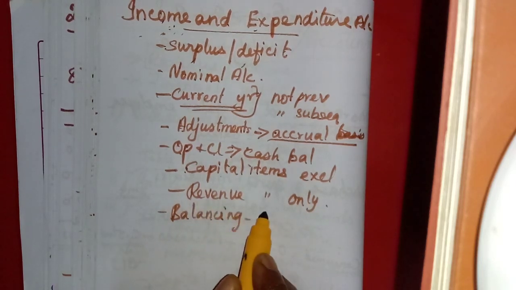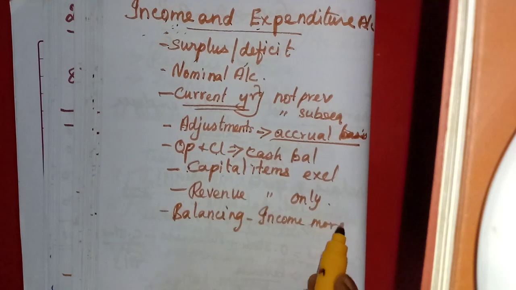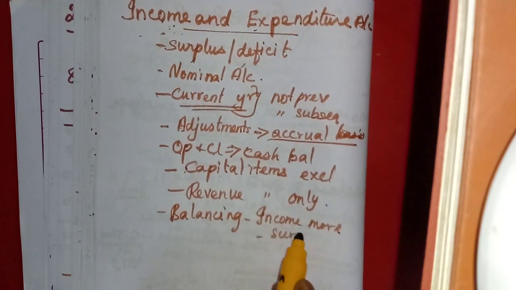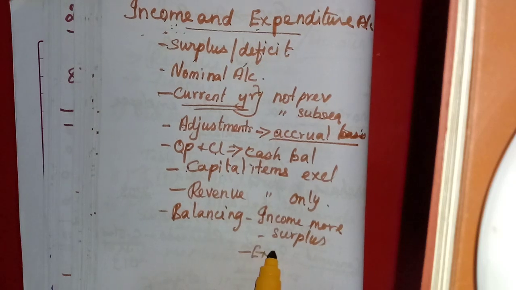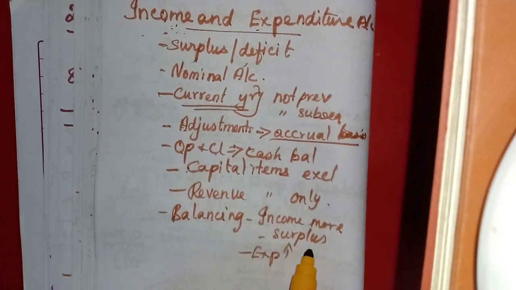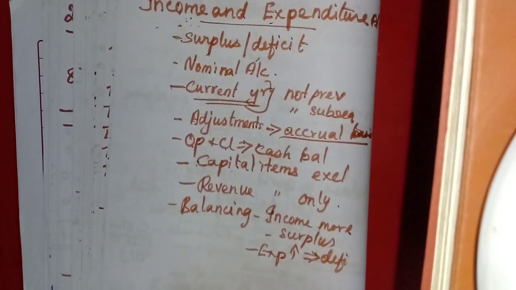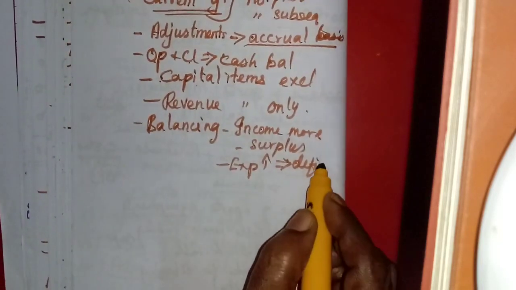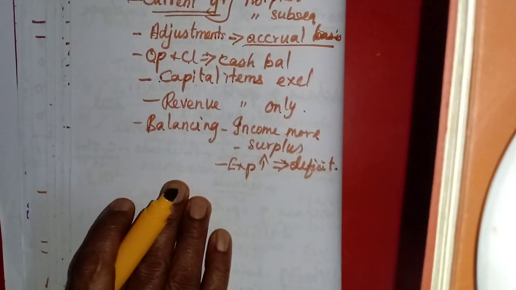If the revenue or the income is more, then we will get a surplus. If the expenditure is more, then we will get a deficit. Understood now? This is the income and expenditure account.